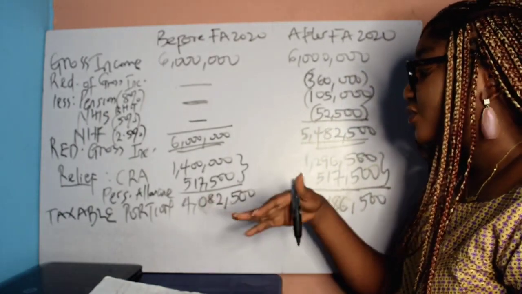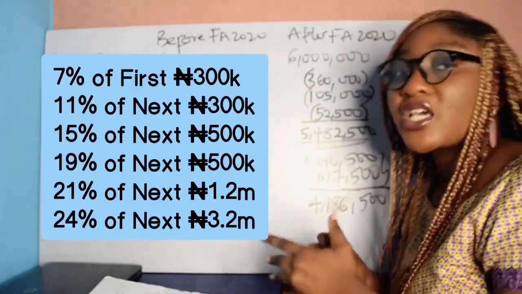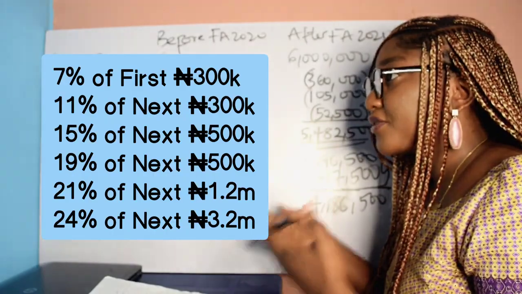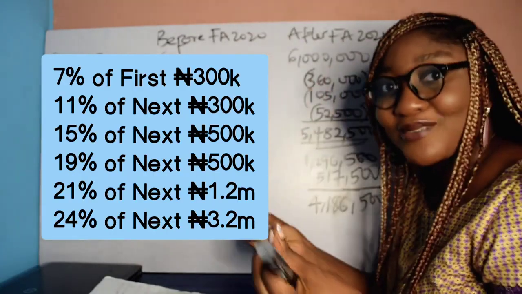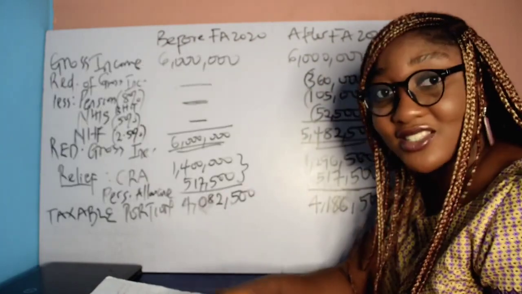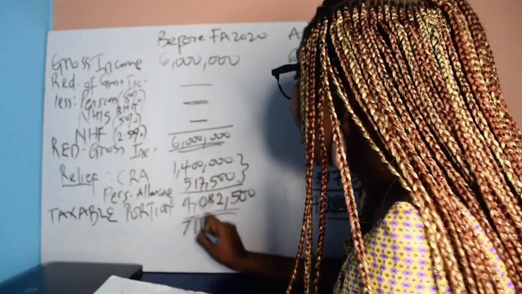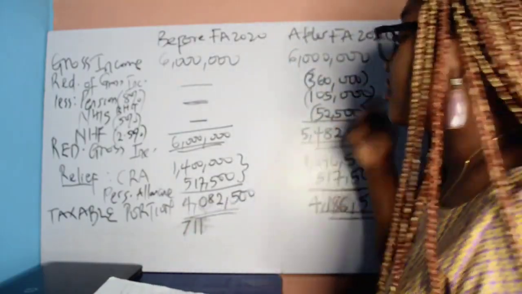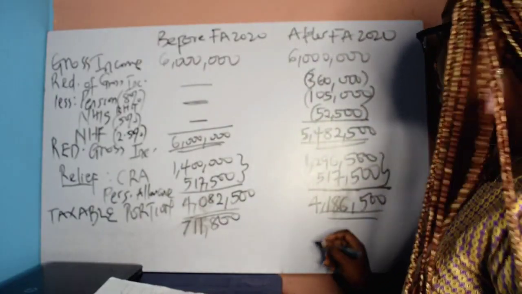Okay, so when you apply the tax rate, 7%, 11%, 15%, 19%, 21%, 24%, the tax, let me just say it because I've already calculated it in my note here. So the tax would be 711,800, right?